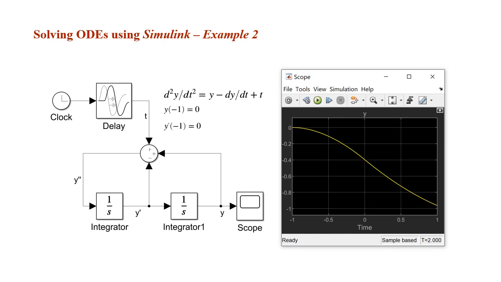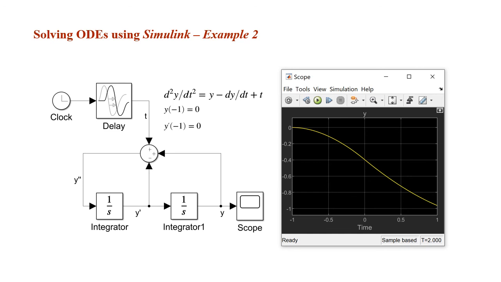Since the initial time is -1, I placed a delay component so that I add a delay of 1 time unit. This way my time will start at -1 instead of the default starting value, which is 0.